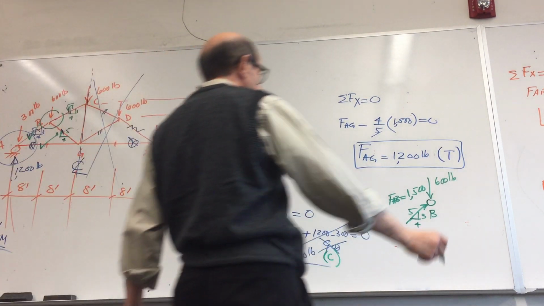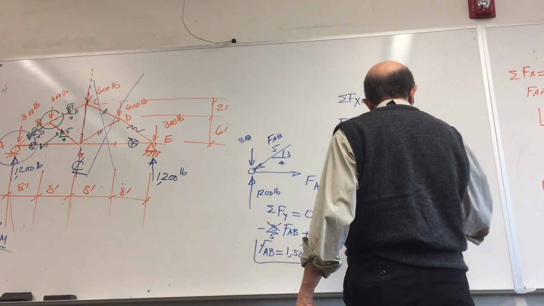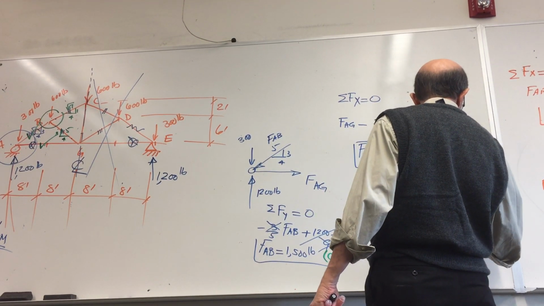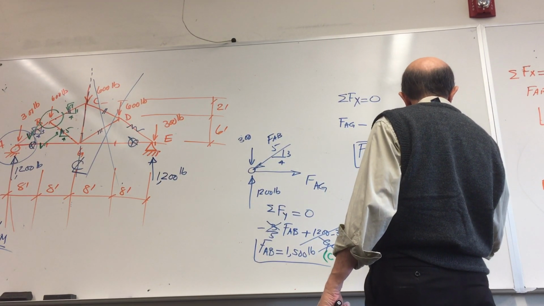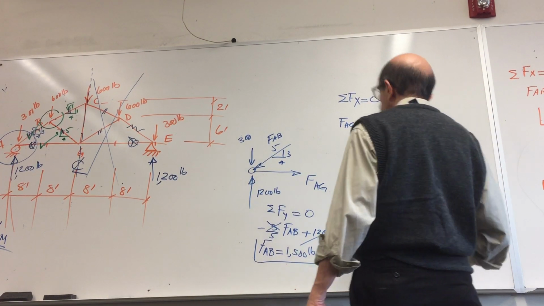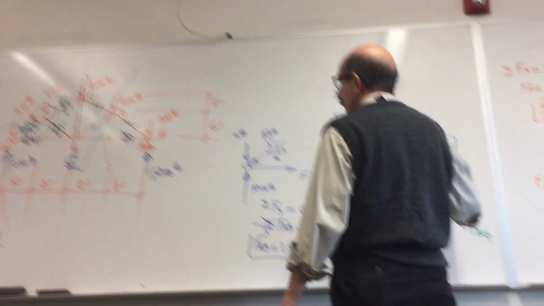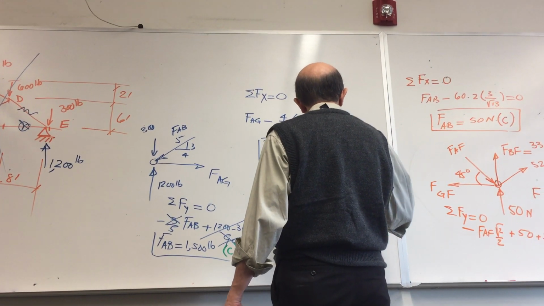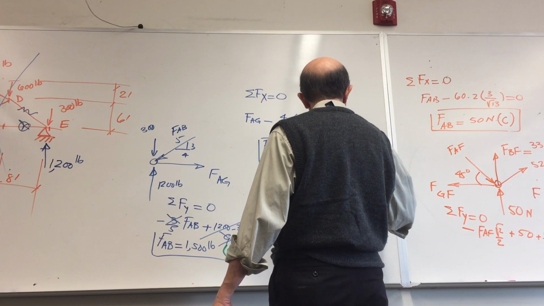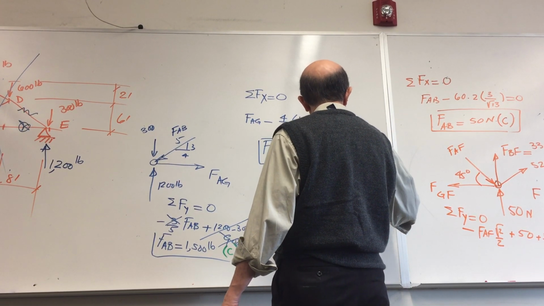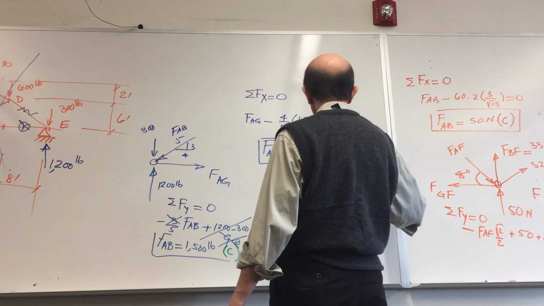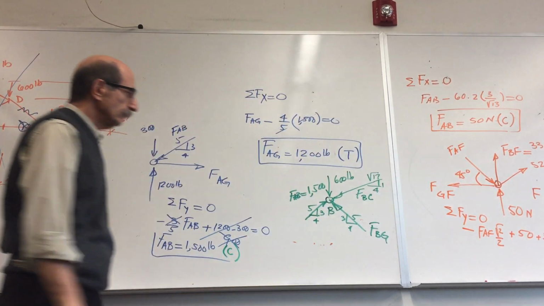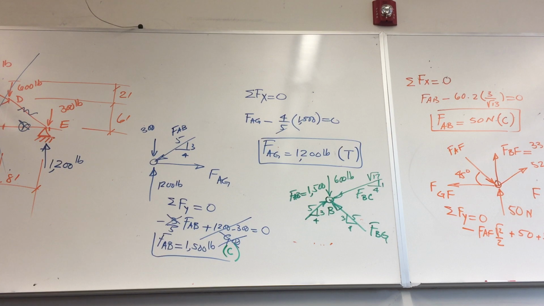So this one, I assume it is acting that way. Force of BG, this is 3, 4, 5, and then I have this force, which I don't know, that's something I want to find. That is the force of BC, and this is the one that has 1, 4, square root 17. So that is a free body diagram of joint B.